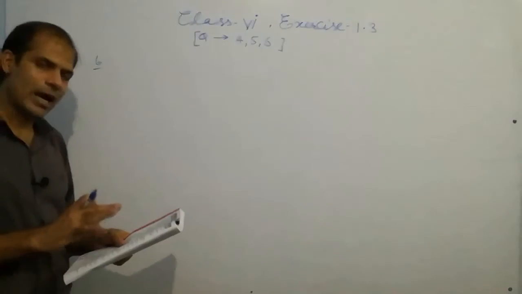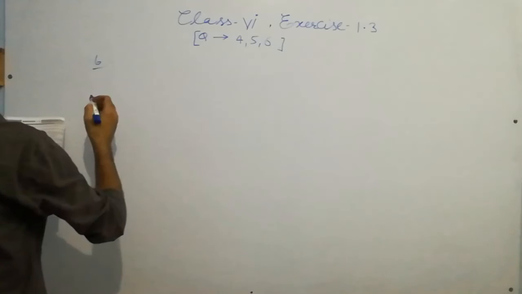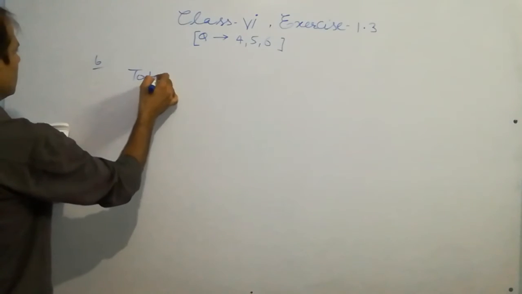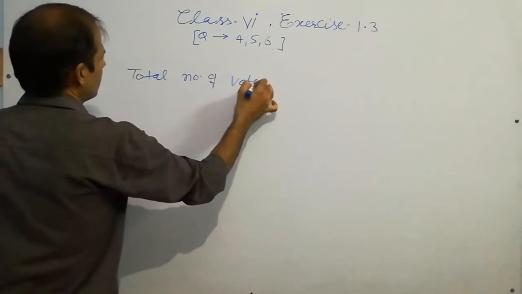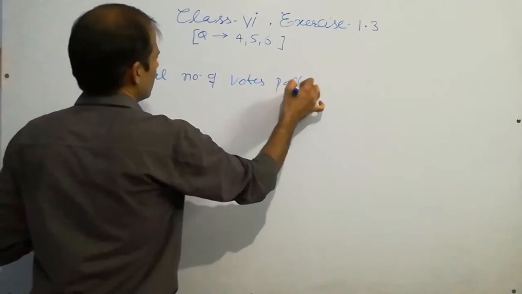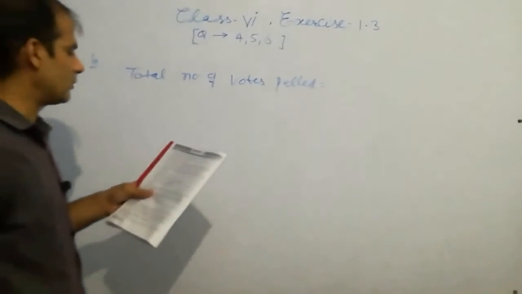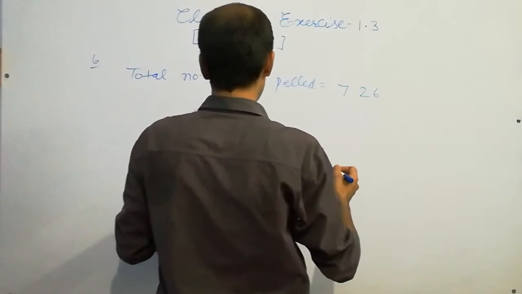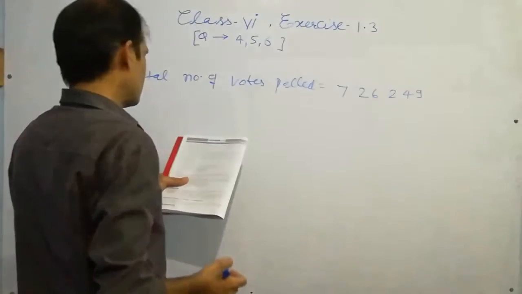Yes, this is the case of addition. You have to add all the values. We will write total number of votes polled equal, just add all the numbers. So first number is 726,249.